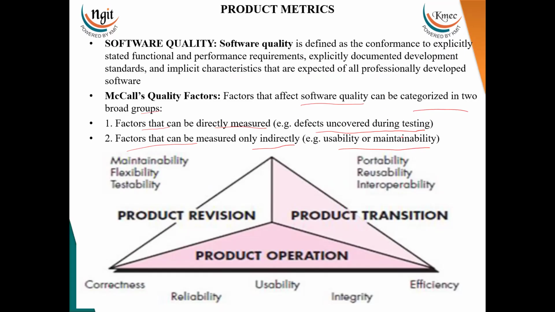So directly measurable factors are like defects found in testing. Indirect factors are, for example, usability, maintainability, and so on. Let us look at this another way: think of software quality as: does it work, is it easy to use, is it secure and reliable.